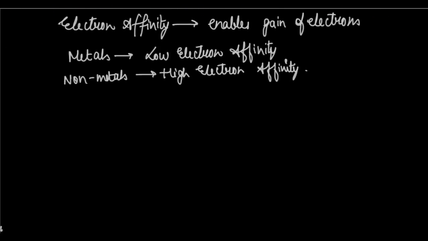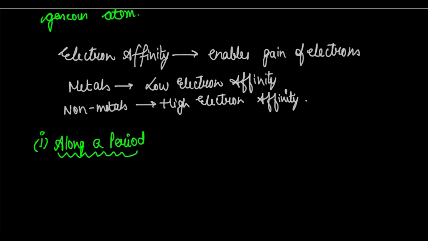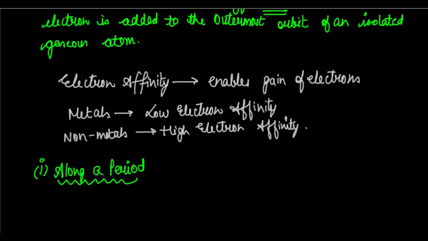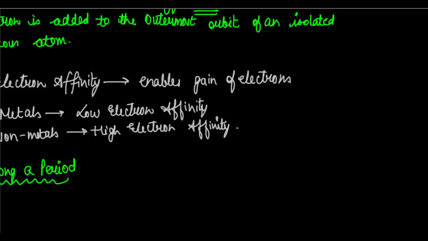Now let us try to understand the variation along a group and period. So along a period. Before we go on to the period variation, let's have a look at the relation between atomic size and electron affinity.